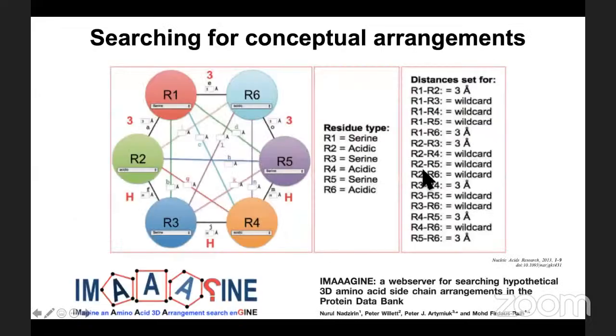So using that same algorithm, we came up with a program called Imagine. In this case, instead of giving a specific search, we can provide a more generic search, in the sense that if you have a rough idea of the chemistry that you would like, you can submit that and do a search to find other similar chemistries.